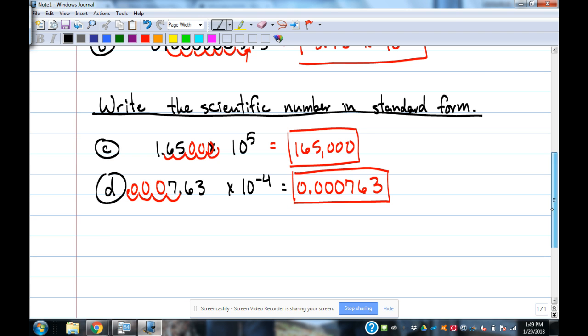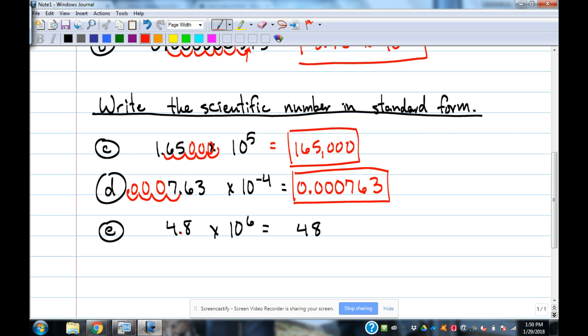Let's do another one. Just get to practice. Let's say we had 4.8 times 10 to the 6th, good number. Okay. What's that going to make, a bigger number or a smaller number? Bigger. So that's going to move the decimal to the right 6 times.